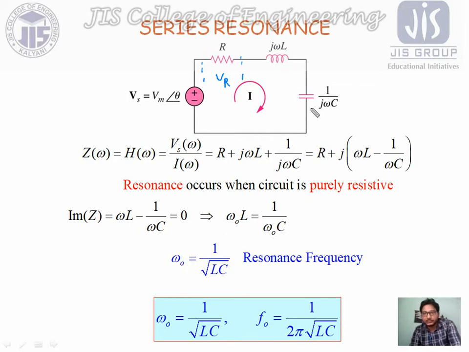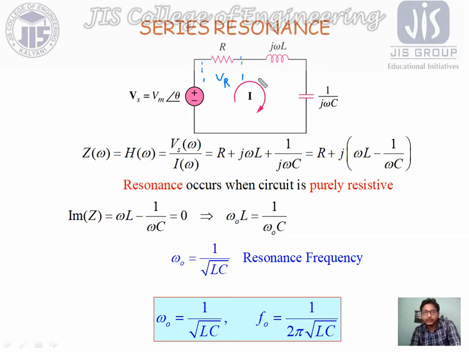If we consider the voltages, and if we change the frequency of this supply, then we will see that the voltages are changing, and sometimes the voltage across the inductor or the capacitor may increase, and there may be an excess amount of voltage compared to the supply one. It may happen.